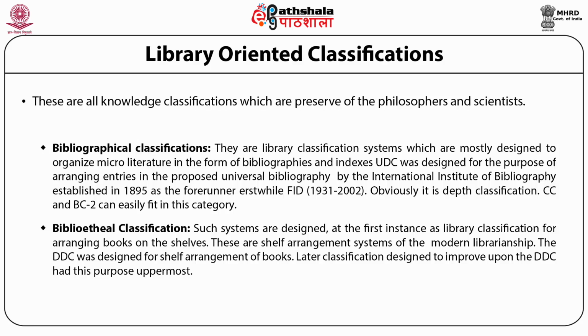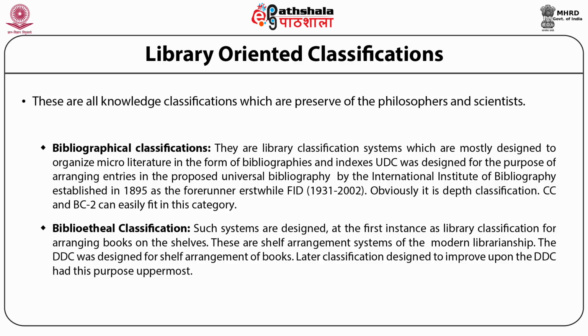On the other hand, a bibliographical classification can also be used for information retrieval as well as for shelf arrangement, but it may not be useful as a cognitive system. Whereas bibliothecal classifications or library classifications have only one function, that is shelf arrangement, and they may not be able to perform the upper two functions, that is the cognitive and bibliographical functions.